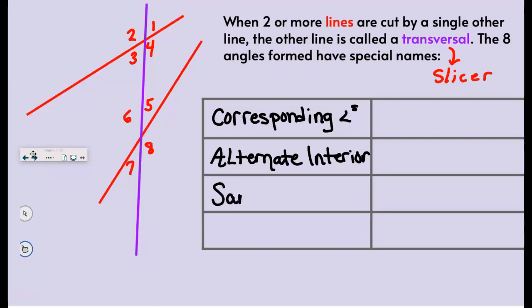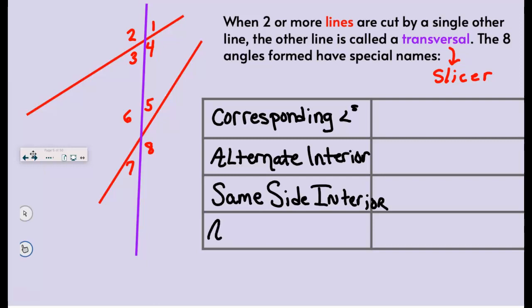So interior means inside, so it's going to be inside the 2 red lines, so we'll do the 2 cards that are in there. We'll be having what's called same side interior. Some books, texts, countries call those consecutive interiors. So know if you hear that in your own language, it might say consecutive interior, but we're going to call them same side.